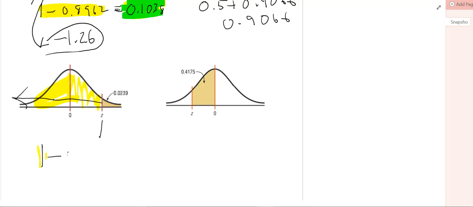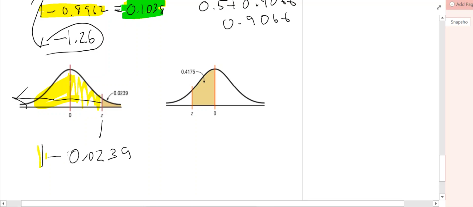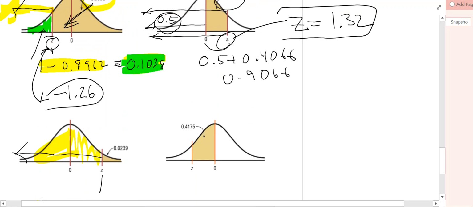You're getting good at this. 0.0239. When I do the subtraction, I get 0.9761. So again, I'm talking area here, not the z-scores. Don't confuse them.